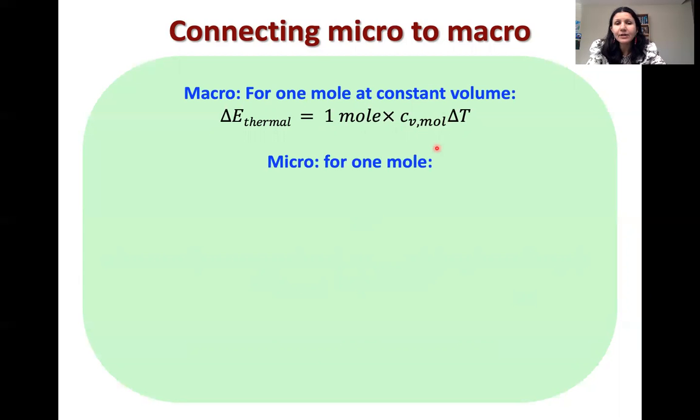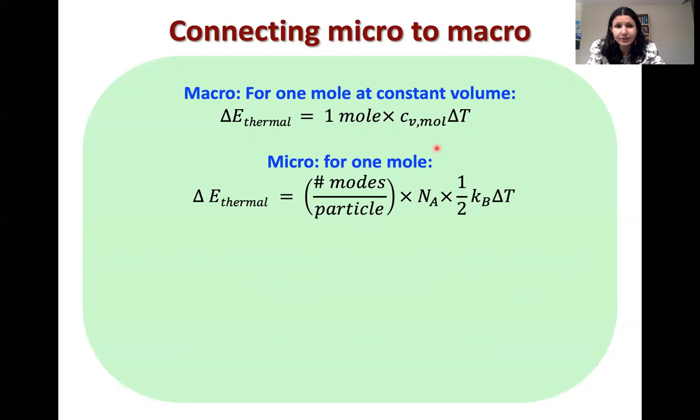Now, the microscopic definition of thermal energy, which is what we have been working with more recently, for 1 mole would be, first remember we count the total number of modes, so it would be the modes per particle times that 1 mole, times 1/2 k_B delta T. So you can see it's the same type of energy, this delta E thermal. We can take these prefactors and set them equal to each other.